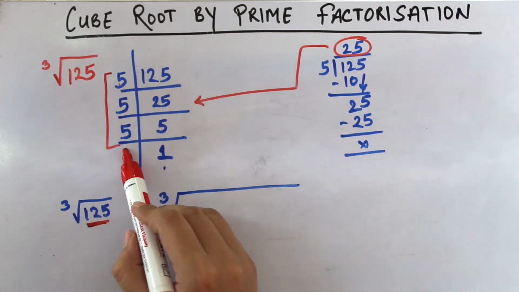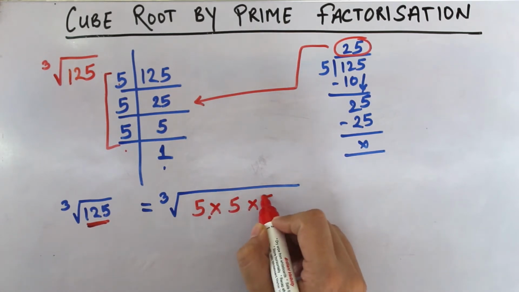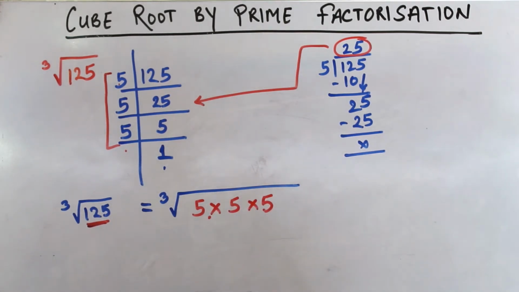So these 5s I'm going to write over here, 5 into 5 into 5. Now our next step is that I have to make a group of 3 same numbers. So in this case, this is my group.